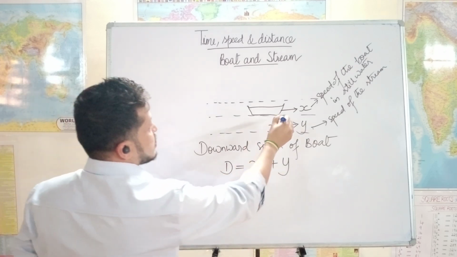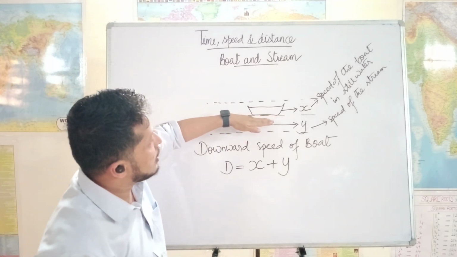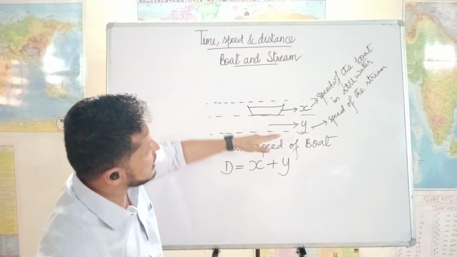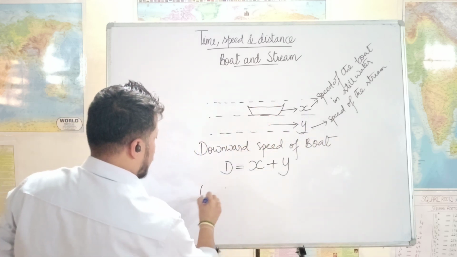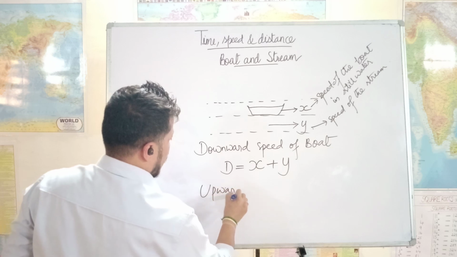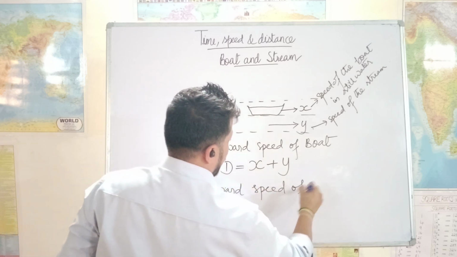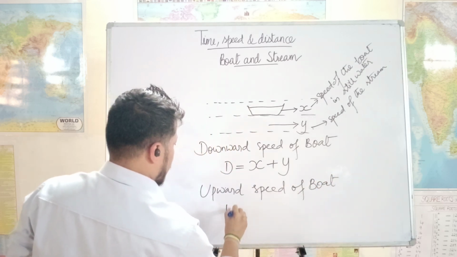And what if the boat is traveling in the opposite direction? Then the speed of the boat will be minus of the speed of the stream. So upward speed of boat will be what? Let's denote it as u.